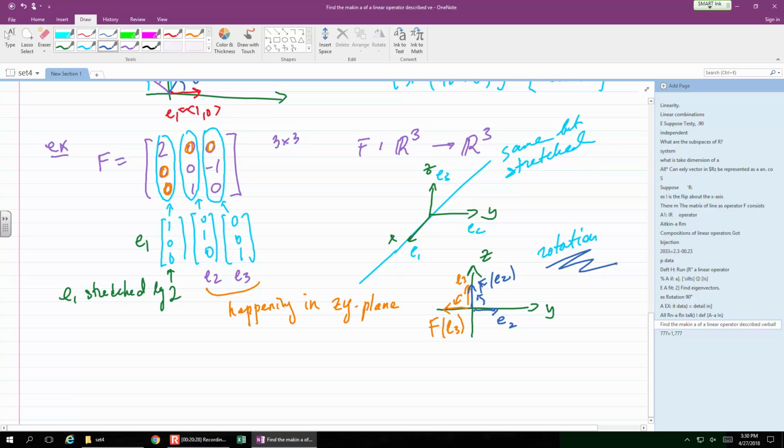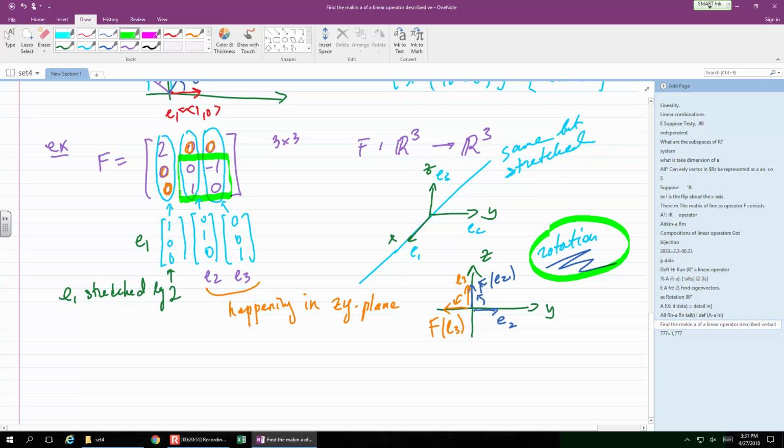Could we see it in the matrix, in the original matrix? This rotation. Take a careful look at the original matrix. If you just look at the bottom right, this one.